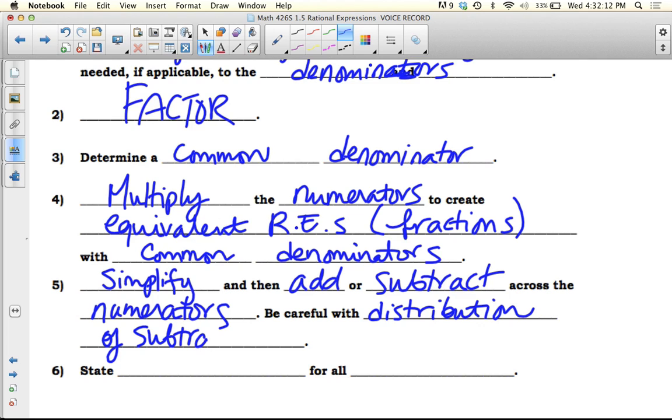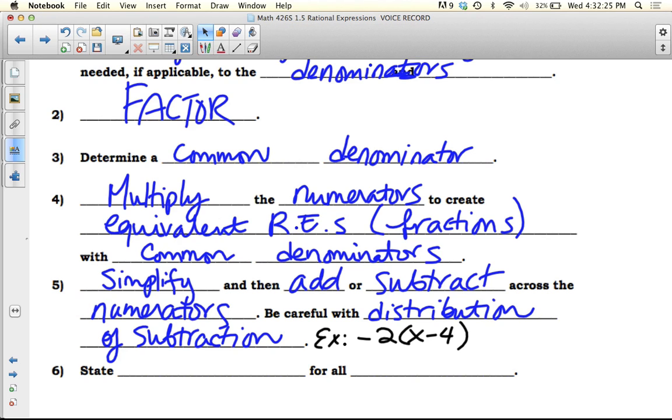Many students always make this mistake. For an example, you have negative 2 times (x minus 4). Don't make the mistake of forgetting about that negative. This is going to be equal to negative 2x plus 8. Watch out for this step: negative 2 times negative 4 is a positive 8.